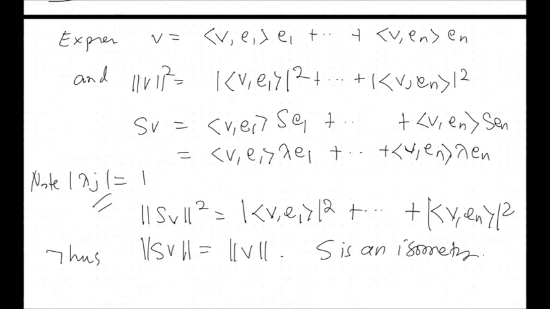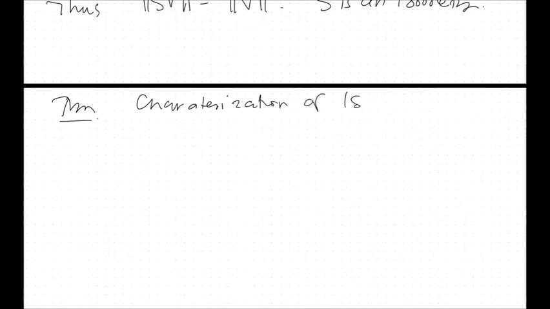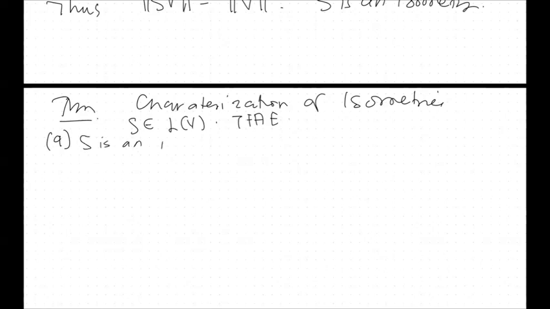And then we will provide a characterization for isometry. Suppose S is an operator on V. Then the following are equivalent. A, S is an isometry.